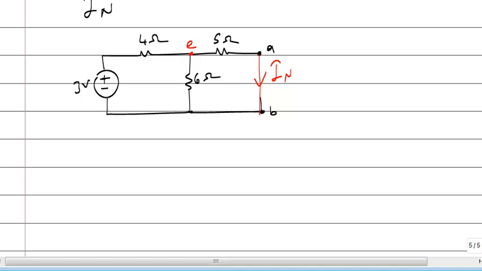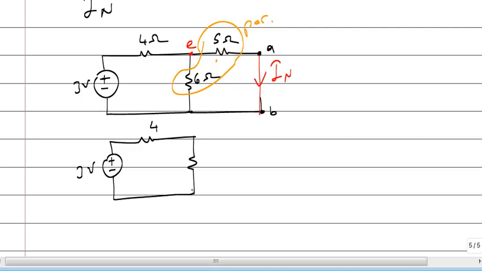First, how are these connected? They are connected in parallel. Let me redraw the circuit. 4 volts. 5 and 6. Equivalent resistance is the product divided by the summation, which is equal to 2.72 ohms.